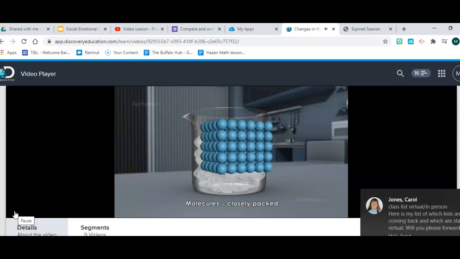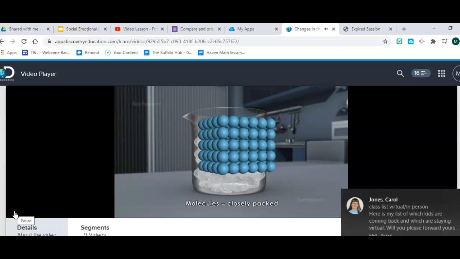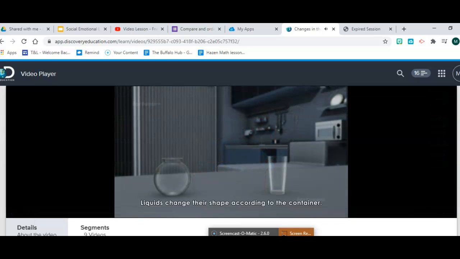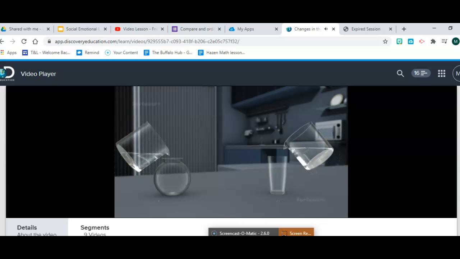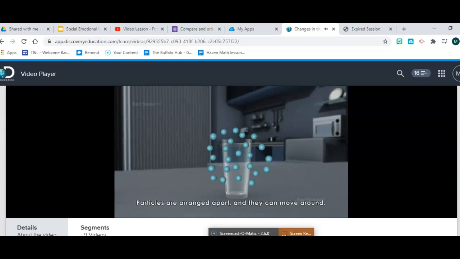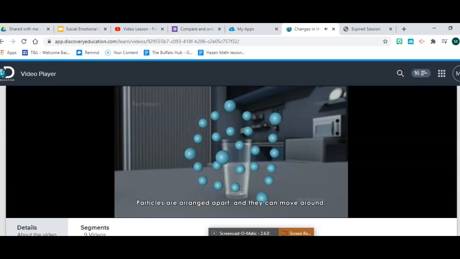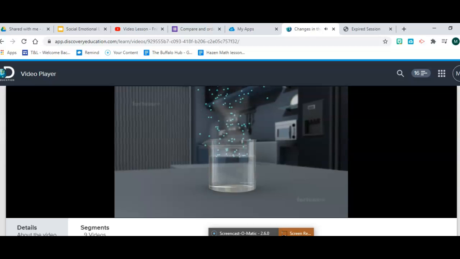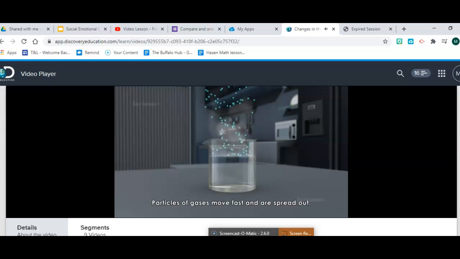Inside a solid, the molecules or particles are closely packed and they do not move around. Liquids change their shape according to the container. When we pour water into a round bowl or into a glass, water will take the shape of the container. Inside the liquids, the particles are arranged apart and they can move around. Many gases are invisible, but the particles of gases move fast and are spread out.